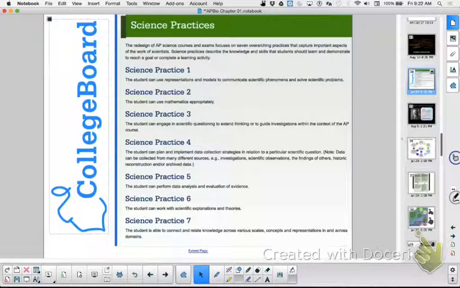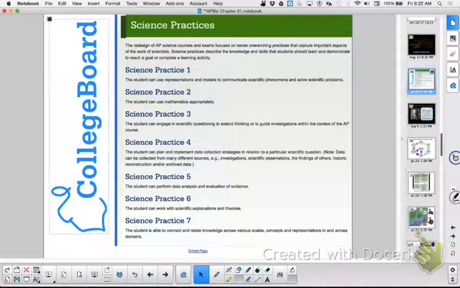Number 3, you want to be questioning scientifically. Number 4 is collecting what? Data. Good. Number 5 is analyzing and, any guesses? Close, evaluating. Nice. Analyzing and evaluating data.